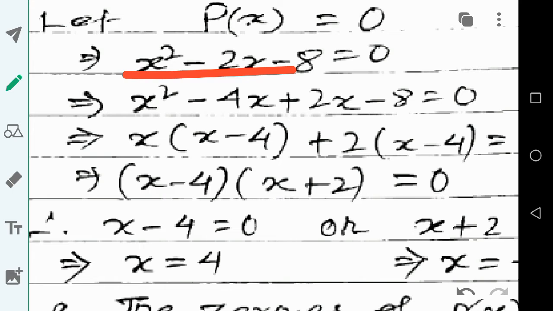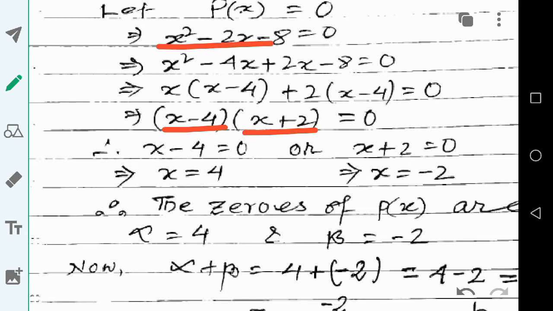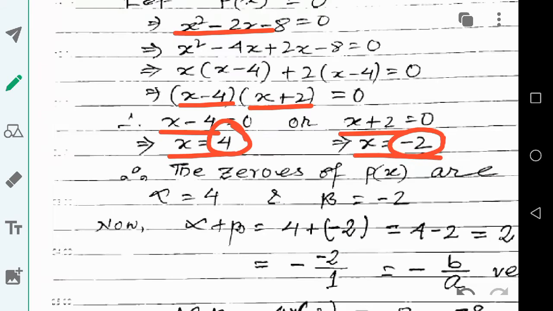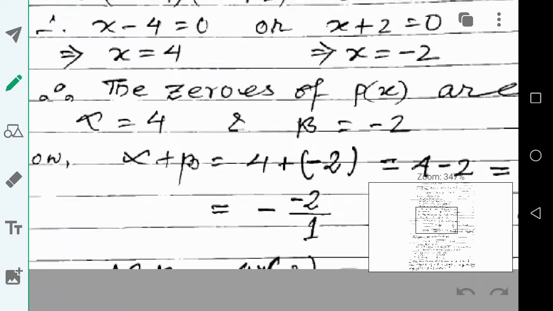Factorizing this polynomial we get (x − 4)(x + 2), which implies x − 4 = 0 or x + 2 = 0. So x = 4 and x = −2. So 4 and −2 are the zeros of this polynomial. Now, in order to verify the relationships, what to do?